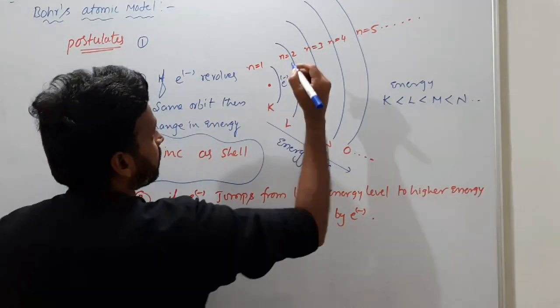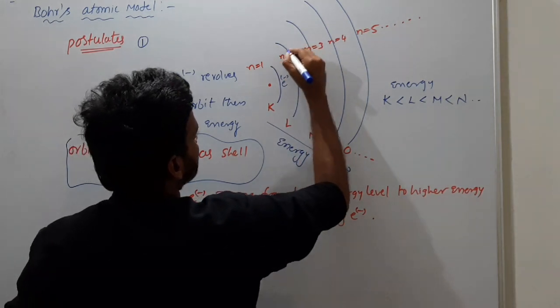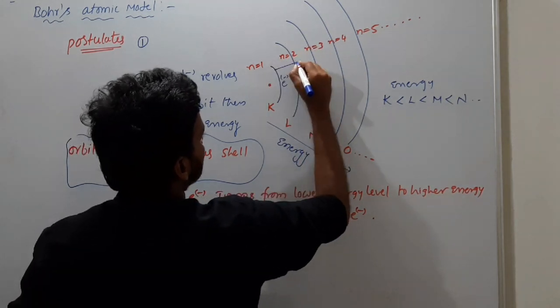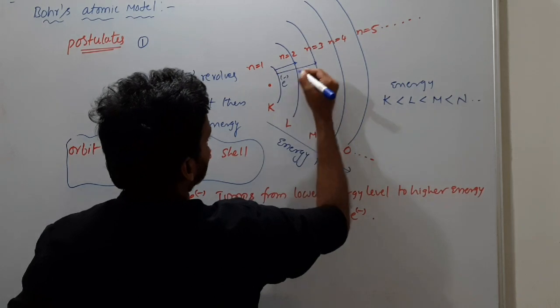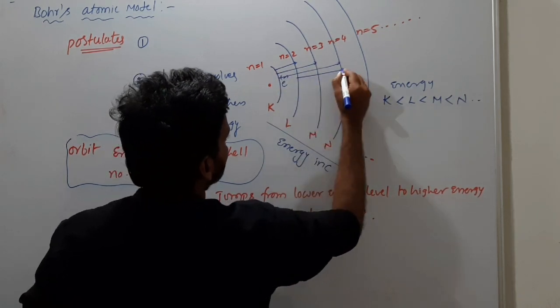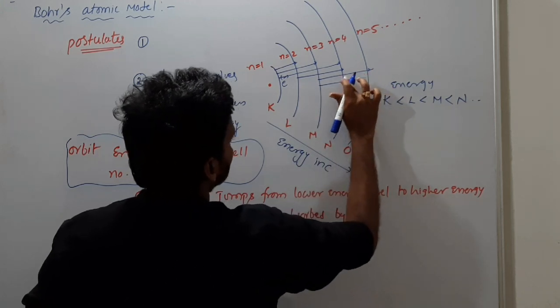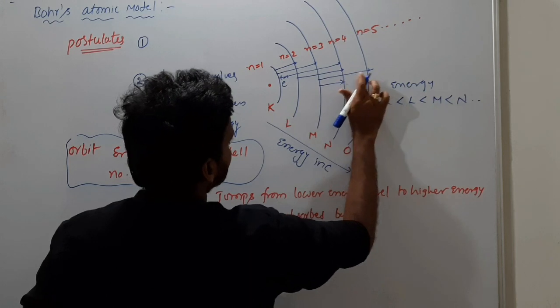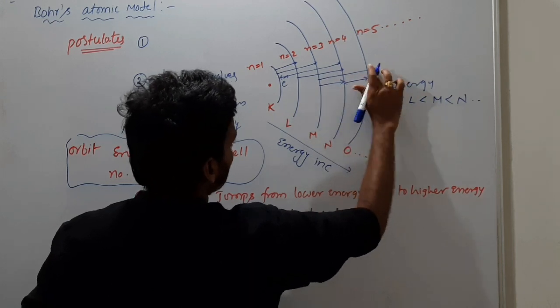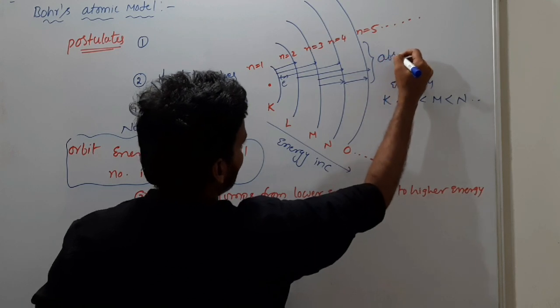So electron, if jumping from lower to higher, suppose from here to here, or here to here, or from anywhere, from here to here, or here to here, this all requires absorption or release?